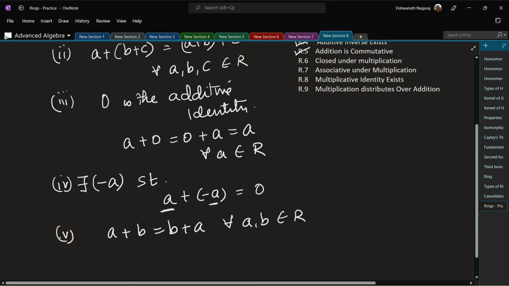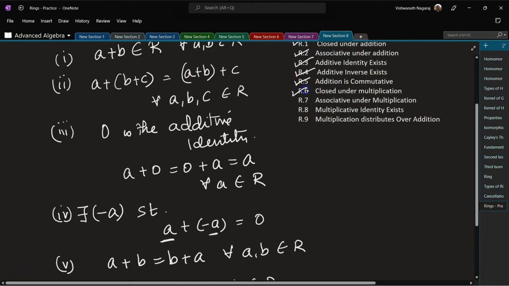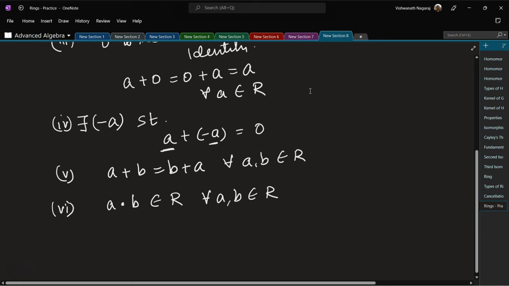Closed under multiplication. So a times b belongs to R for all a, b belonging to R. We know that, right? So it is closed under multiplication. Associative.